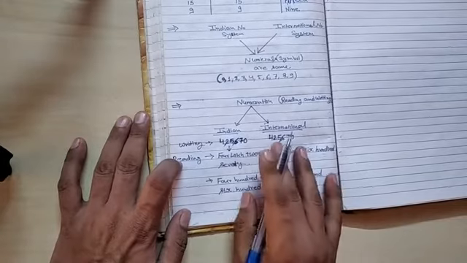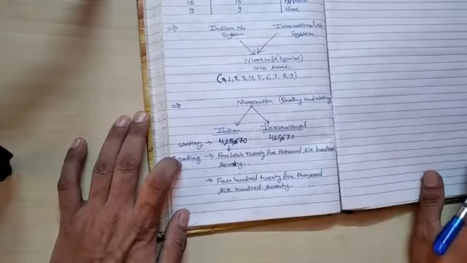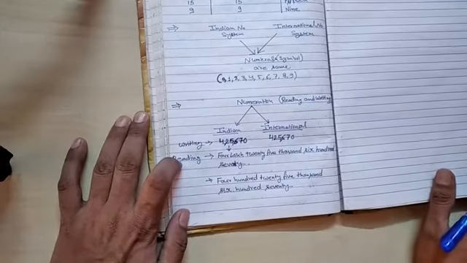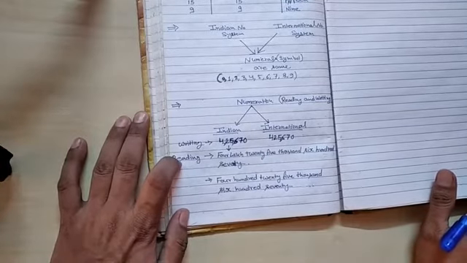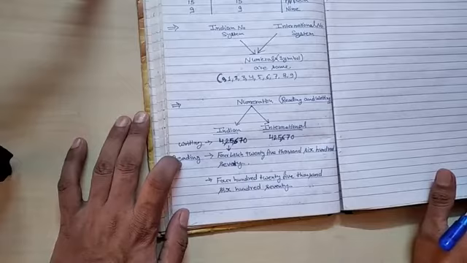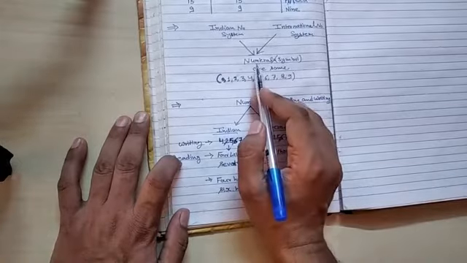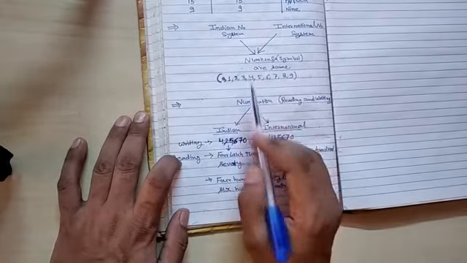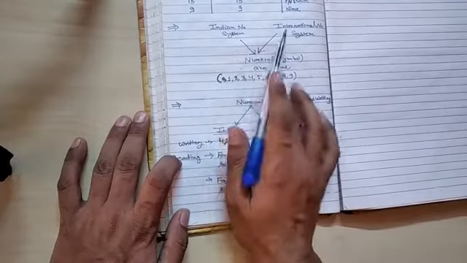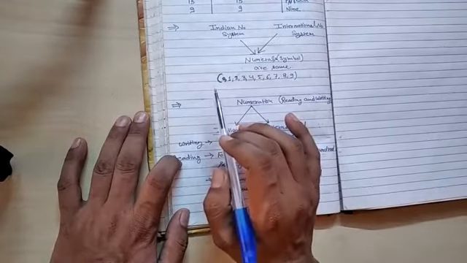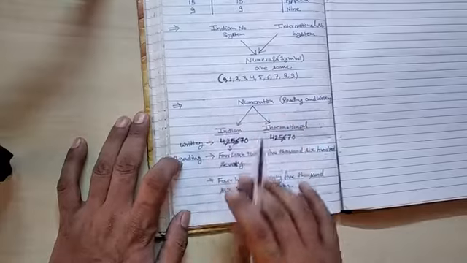Got it? So the numeration is different in the Indian and international systems, but the numerals are the same in both.